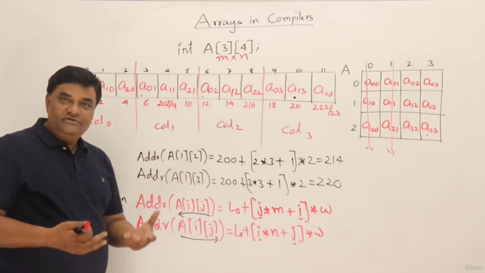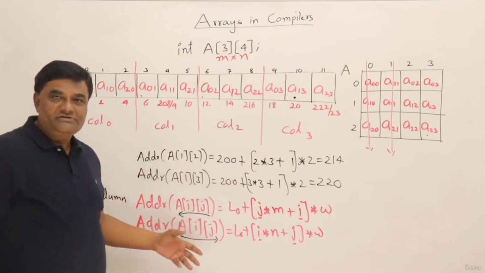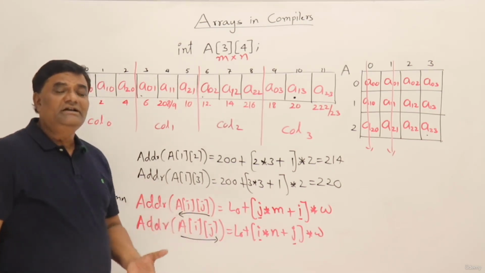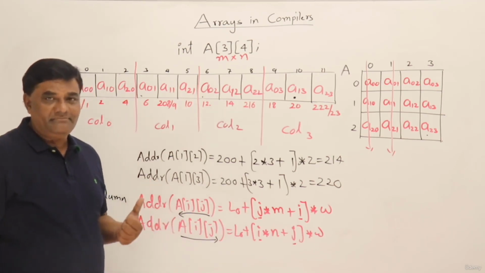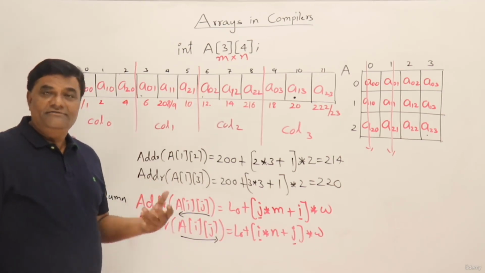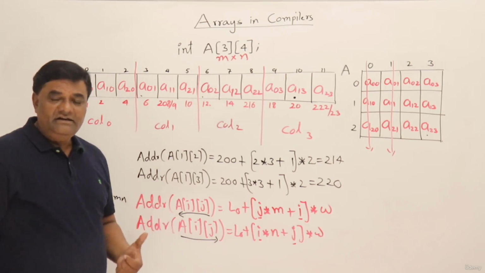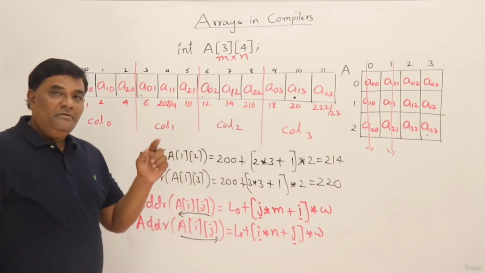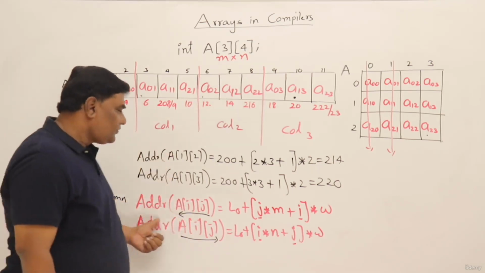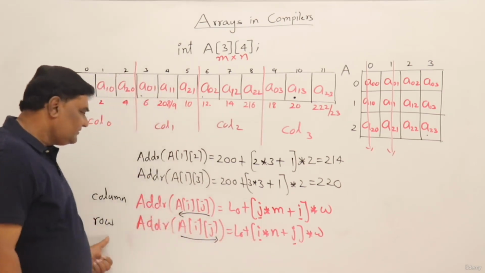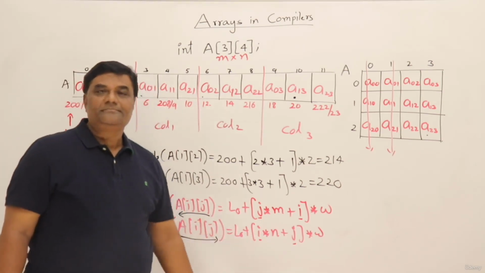If you are designing your own compiler, then you have the option to select either one. Both are equally efficient. There is no difference between them. We can't say one formula is better than another in any situation. But C++ follows the row major formula.